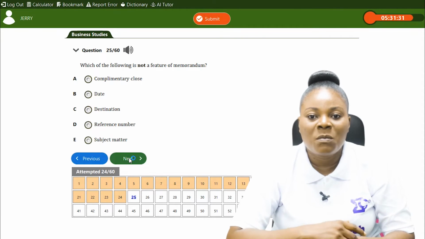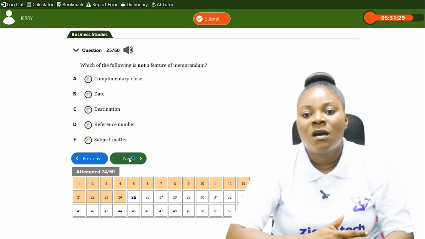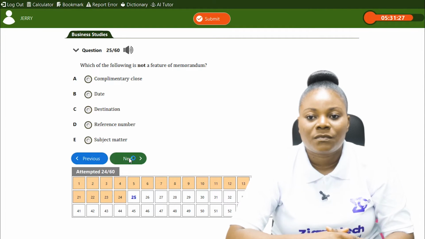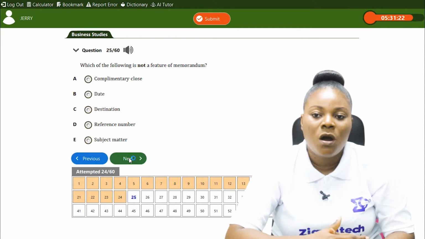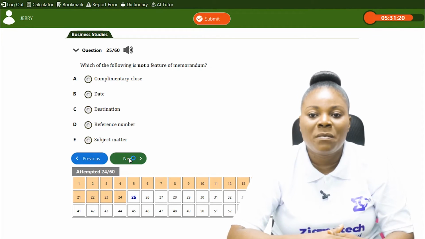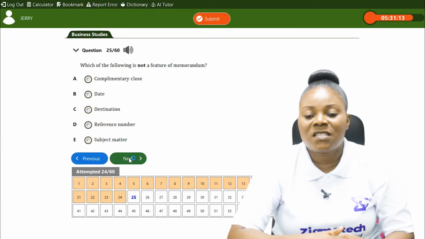So which of these is not a part or a feature of a memorandum? A, complementary clause. B, date. C, destination. D, reference number.